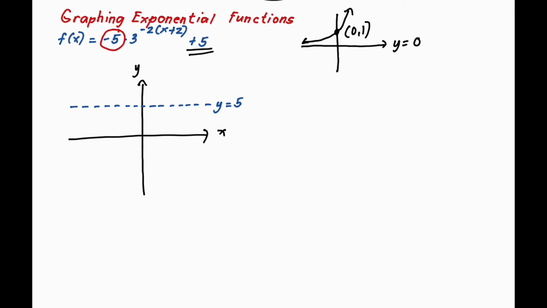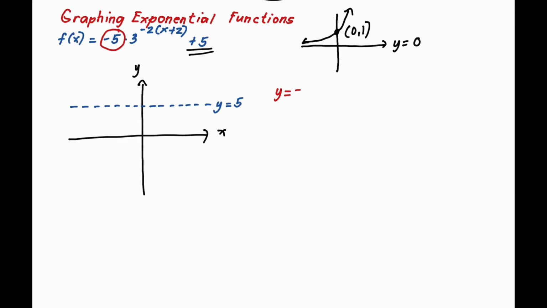So we can have x and y intercepts. Let's first try finding the y-intercept. To find the y-intercept, we just need to let x be equal to 0, right?